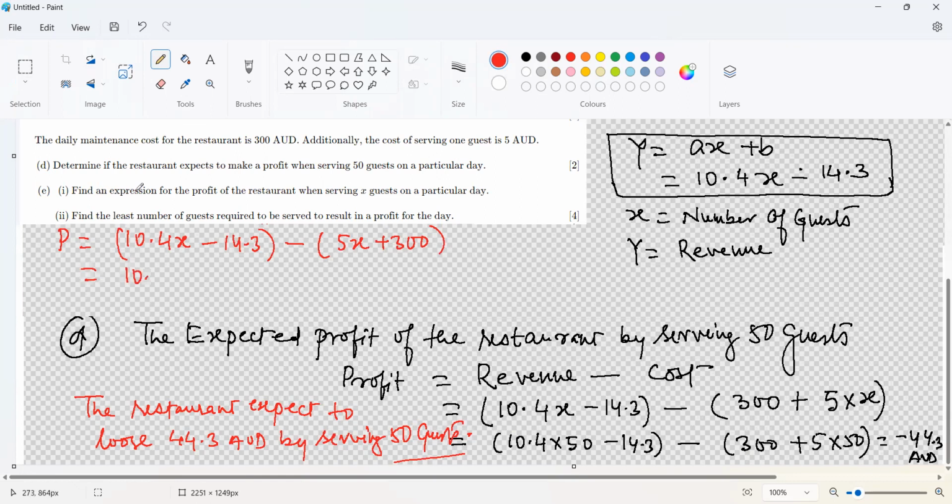Open the bracket: 10.4x minus 5x minus 14.3 minus 300. So what is the profit function we are obtaining? That is 5.4x minus 314.3. This is the profit function expression. So it is 5.4x minus 314.3.